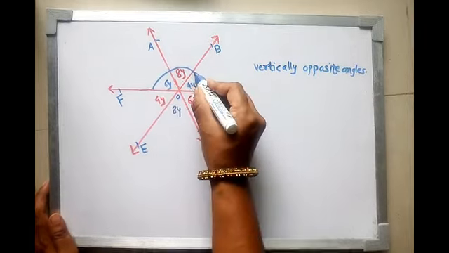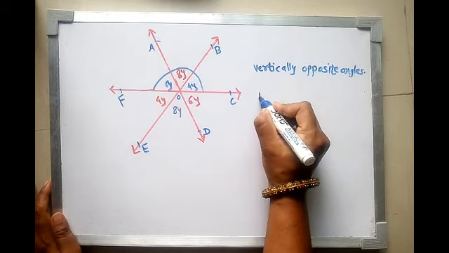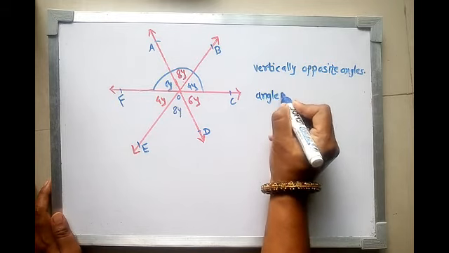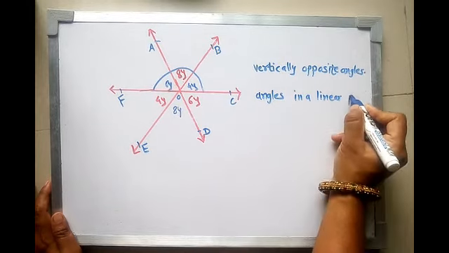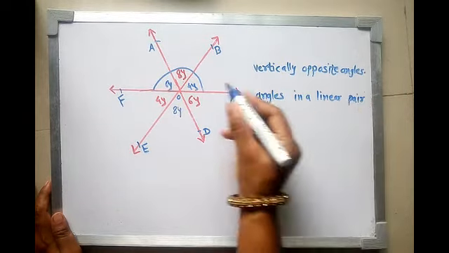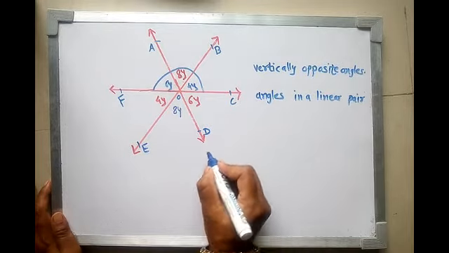These three angles are in a linear pair. The sum of these three angles is 180 degrees.